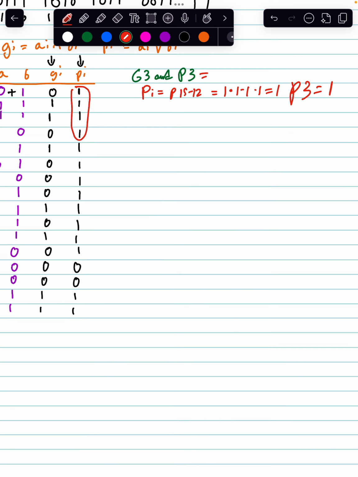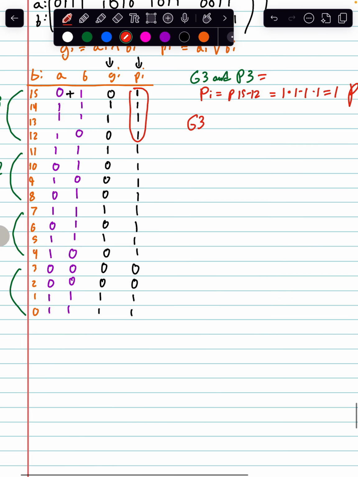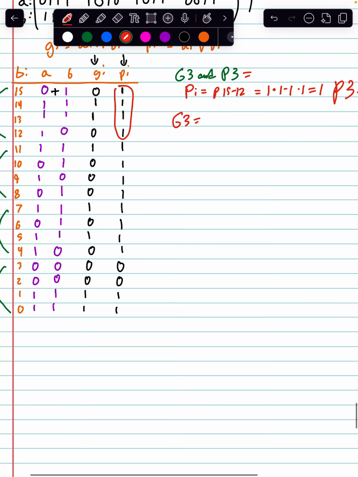And then to find our uppercase G3, this one right here, this line right here, that's going to be equal to 0, and we're going to OR it with, I actually miswrote this down. So G3 is going to be equal to this stuff.